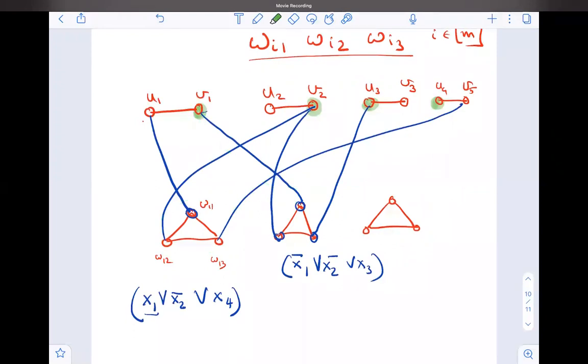So for every clause, there exists at least one vertex which is connected to a green vertex.